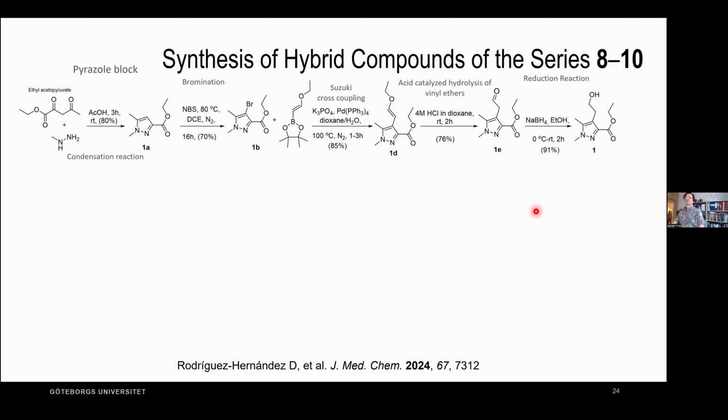And therefore, we ended up doing this procedure instead. It starts out the same way, a condensation reaction to create the heterocyclic scaffold, bromination by NBS. Then we use a palladium-catalyzed Suzuki coupling to introduce the precursor that's going to be the alcohol. We hydrolyze that to get the aldehyde and then reduce it down to the alcohol. And now you see the yields are much better. It's a little bit more synthetic steps, but it works very nicely.